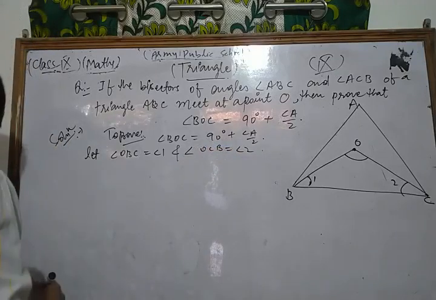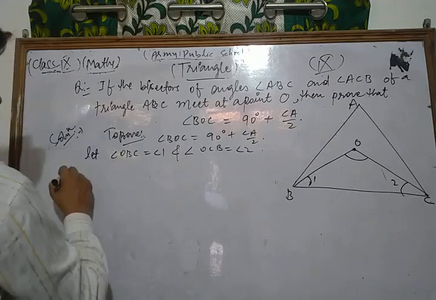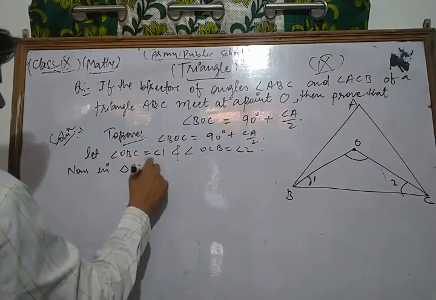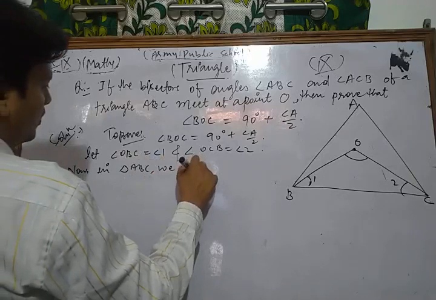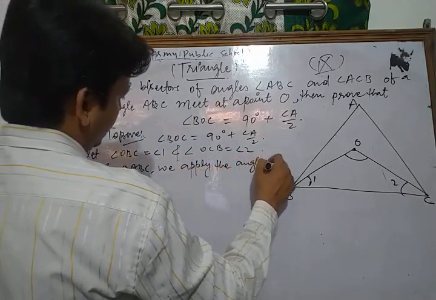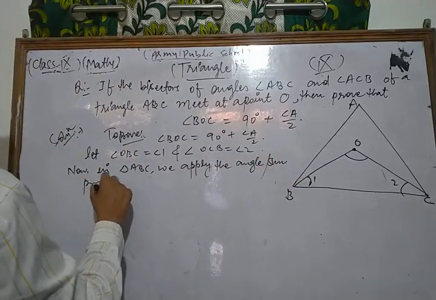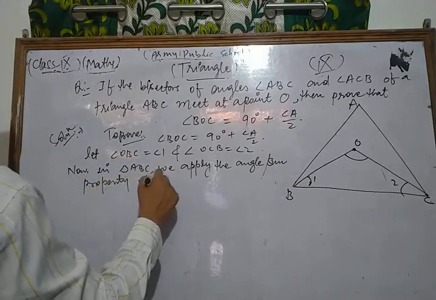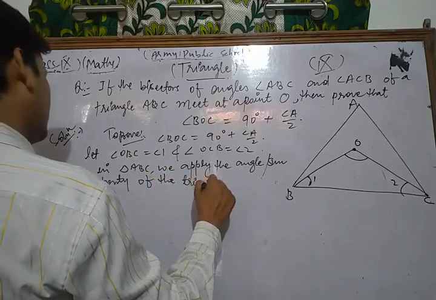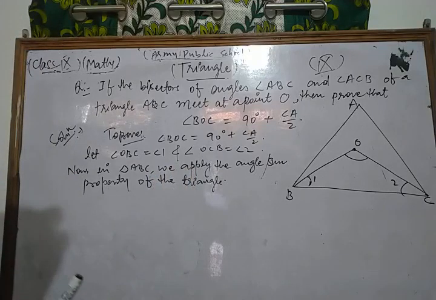Now in triangle ABC we apply the angle sum property of the triangle.